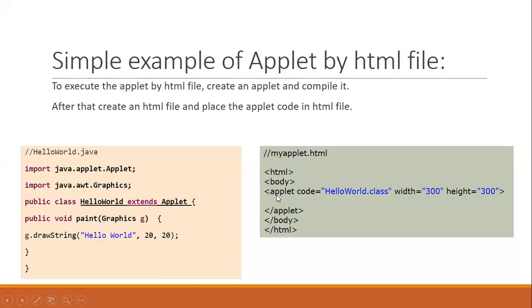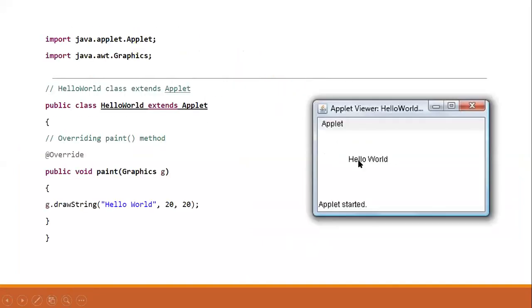You have to write applet code equal to HelloWorld.class, since we have already compiled it and created the .class, and set some height and width of the applet. Now when you execute this myapplet.html, you will get such a type of applet created. So this is one way.